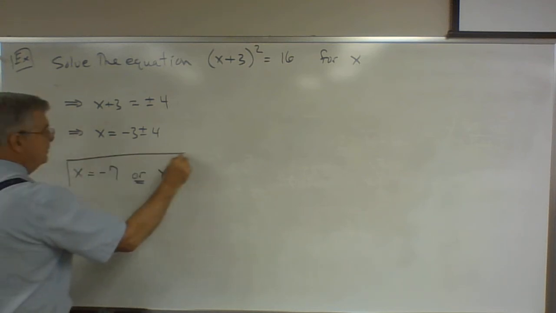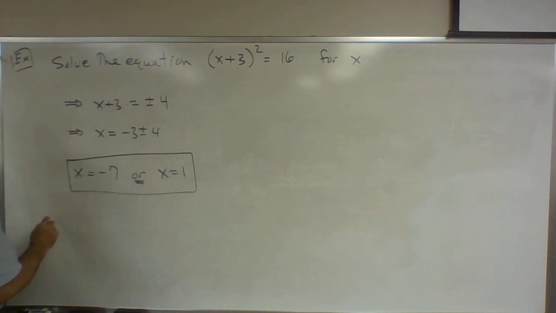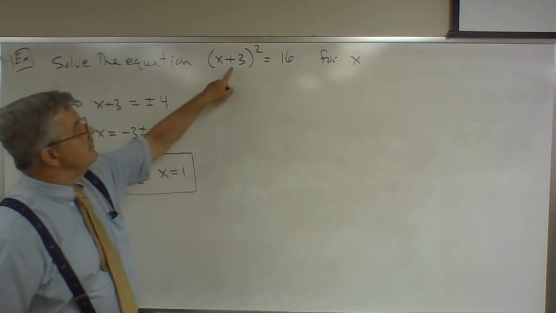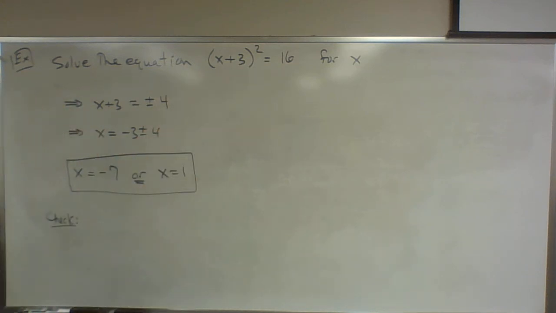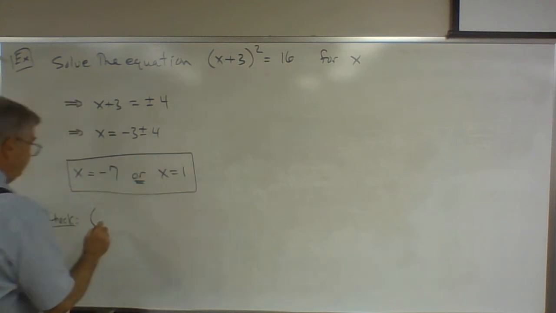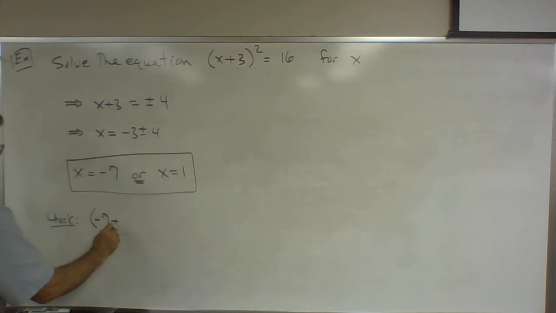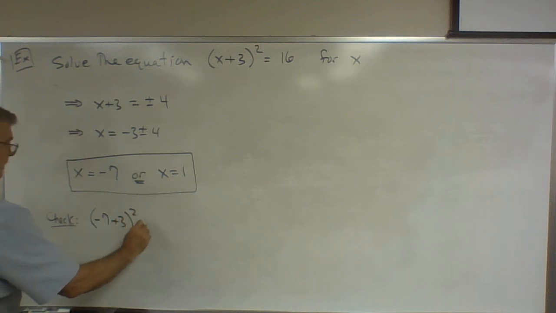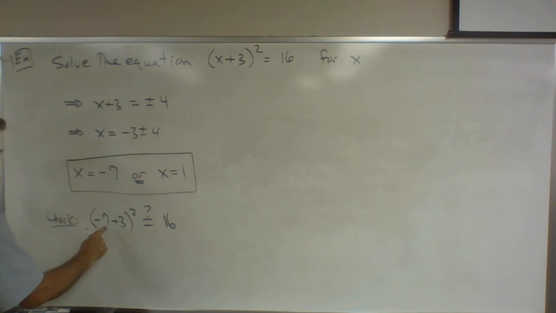Those are our solutions. Now let me just check. I'll take each of these and plug them into the original expression. So let's see. X plus 3 squared, that's negative 7 plus 3 squared equals 16. Negative 7 plus 3 is negative 4.